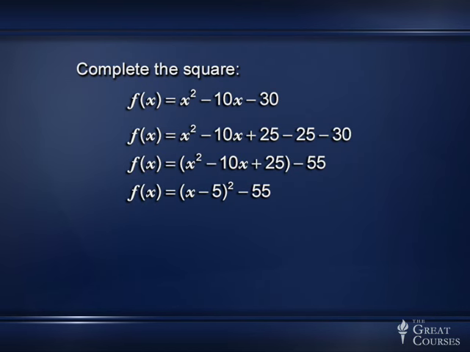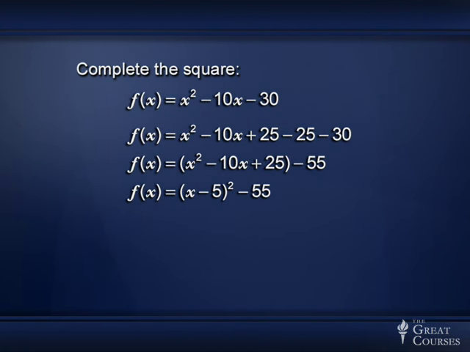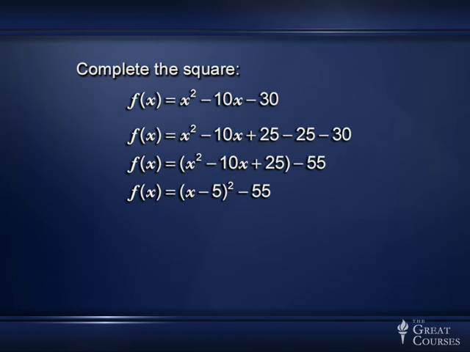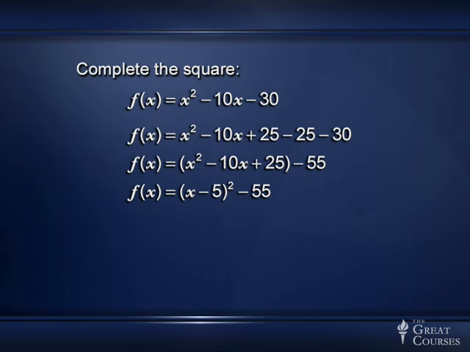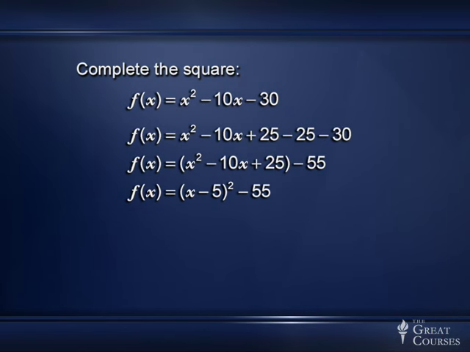You know that the smallest value that is going to be the output value of f of x equals x squared minus 10x minus 30 is equal to negative 55. That's the negative 55 that was dangling on the end after we rewrote this function using completing the square.